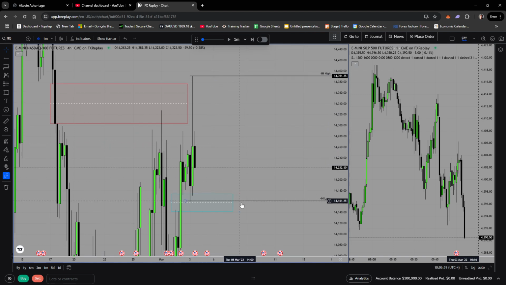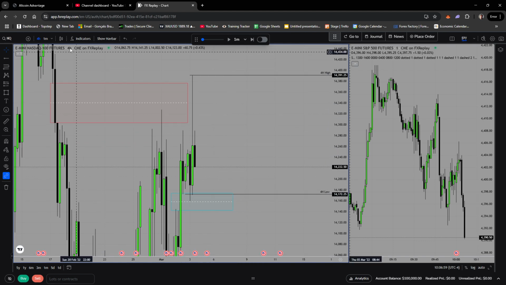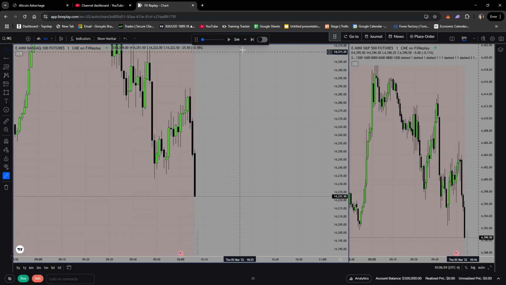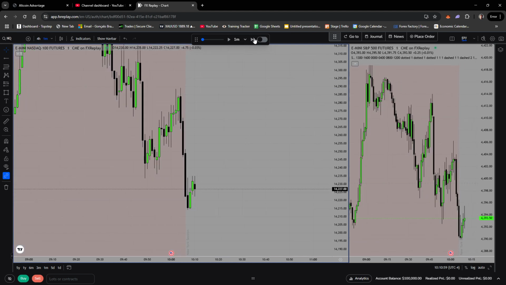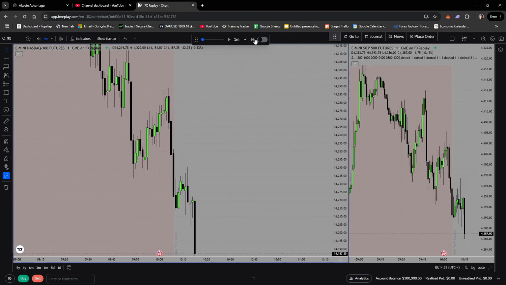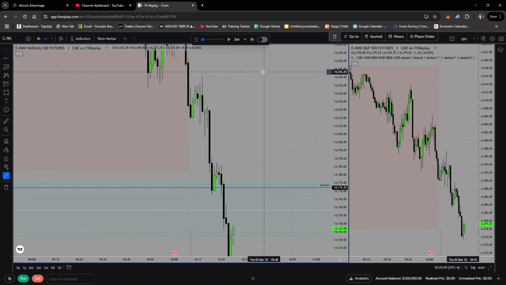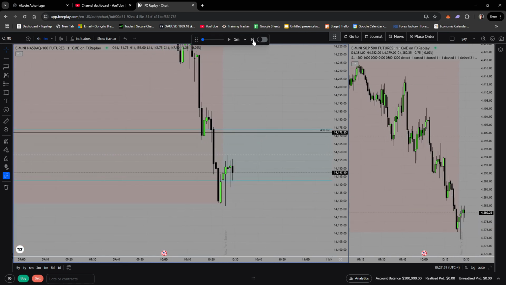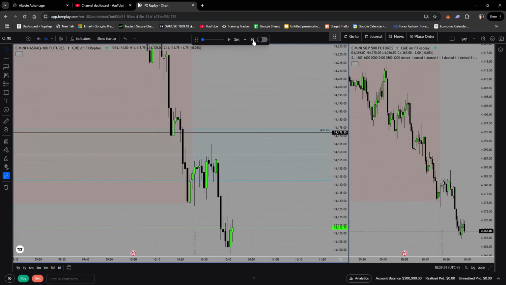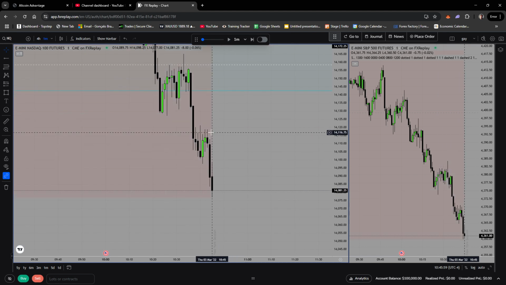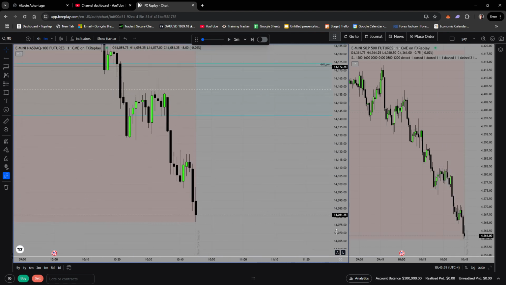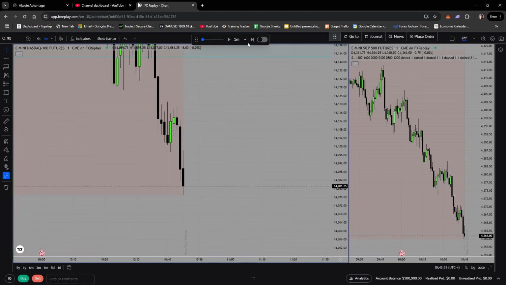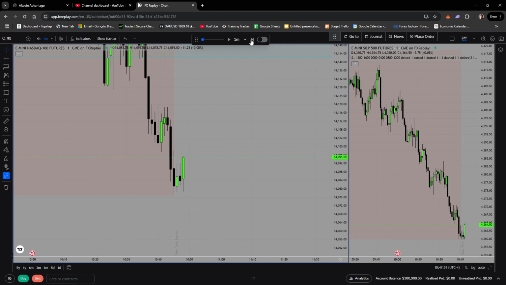So we haven't tapped anything just yet. Nothing here for us. But really nice momentum to the downside. We've now tapped a bullish value gap. Try a little sell.